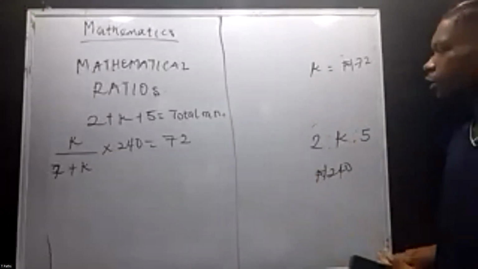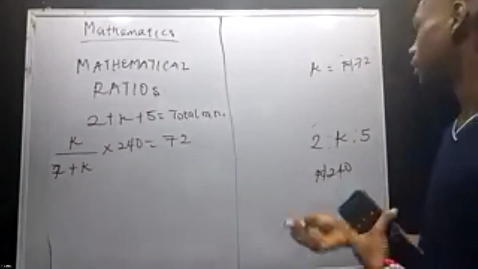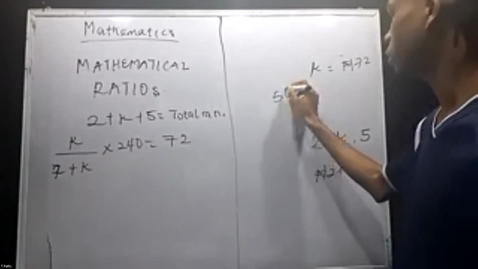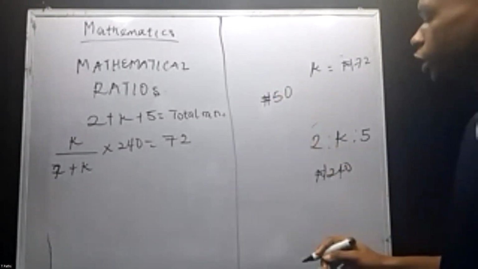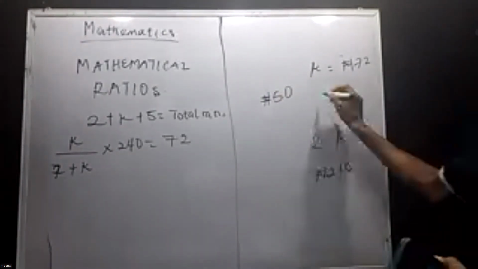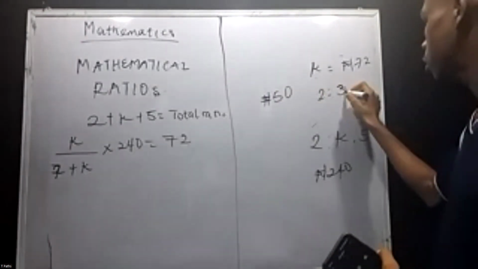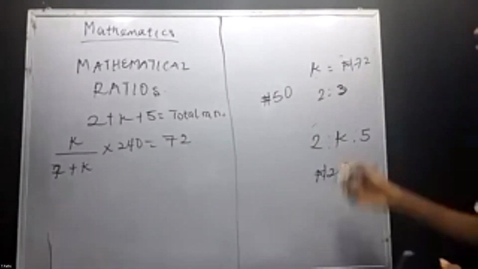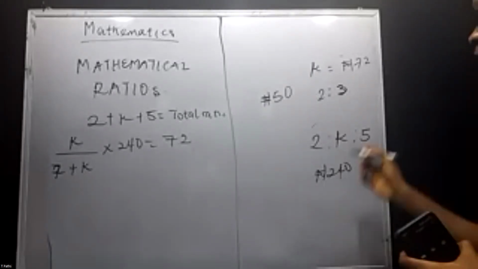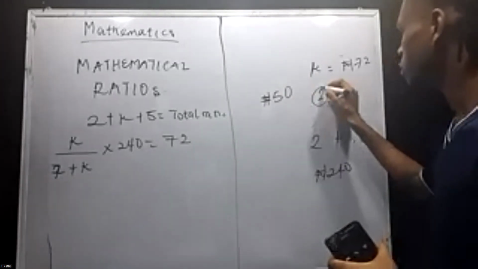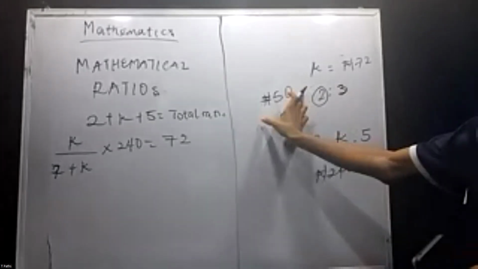When we are calculating ratios, let's say, for example, I'm to share 50 naira. I want to share 50 naira in ratio 2 ratio 3 between two children. So the first thing is for me to calculate the amount this child is going to get of this 50 naira.